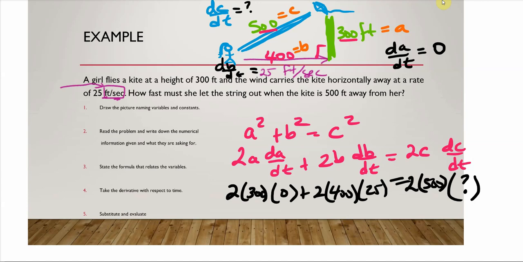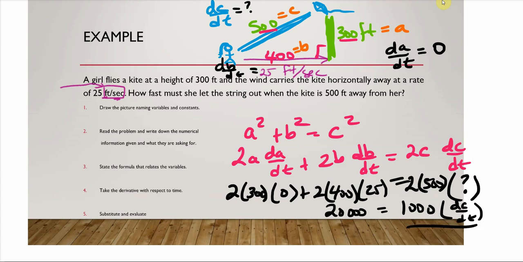So I'm going to be left with 800 times 25. I know I'm a math teacher, I'm supposed to use a calculator, but I don't want to do that today. 800 times 25 is 20,000. And on the other side, I'm going to end up with 1,000 times my dC/dt.